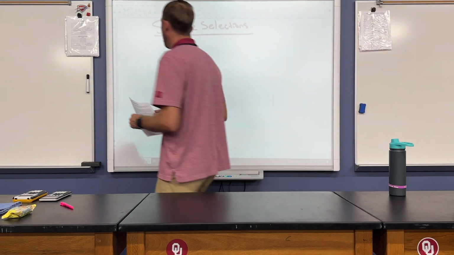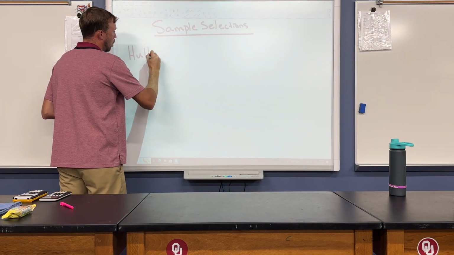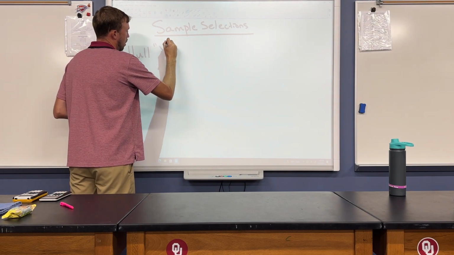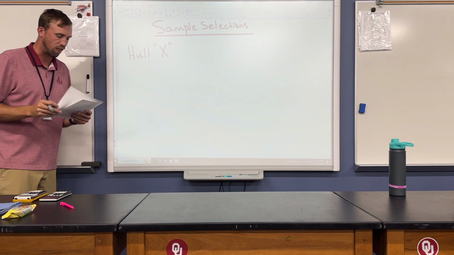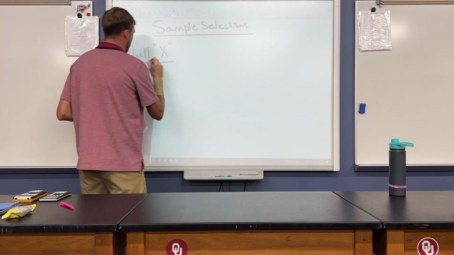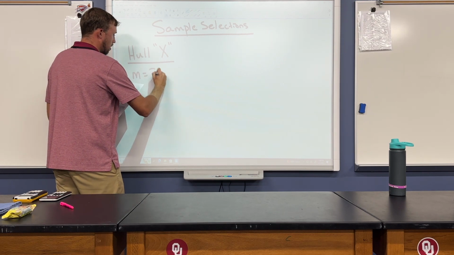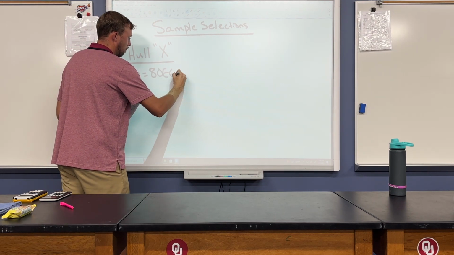So, here are the choices that I made. I'm going to choose a hull, and I'm going to call this hull X, because again, this is not one of the hulls available for you all. Hull X has a mass of 80 times 10 to the 6th grams, so 80 million grams.